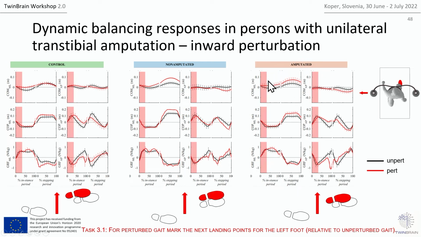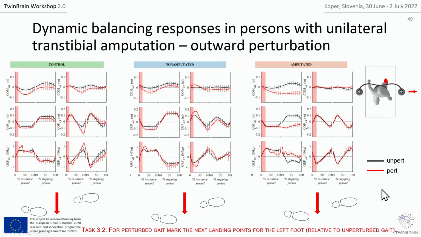When entering the perturbations with their amputated side, we again see quite a similar pattern, so we have quite a similar response to the inward perturbation in this set of data. But what happens if we change the direction of perturbation?